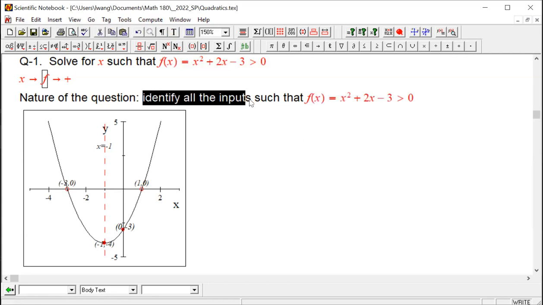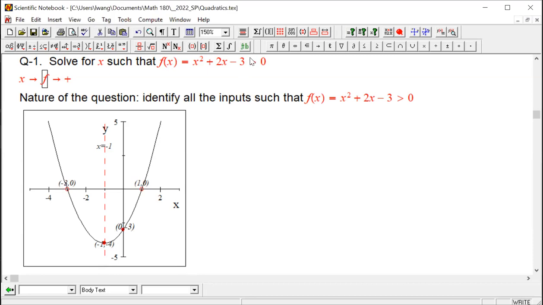Identify all the inputs. So what are all the inputs? Well, obviously, where are they? They are here, all the way to the left from -3, not including -3, and all the way to the right from +1, not including +1. So let me graph those dots.